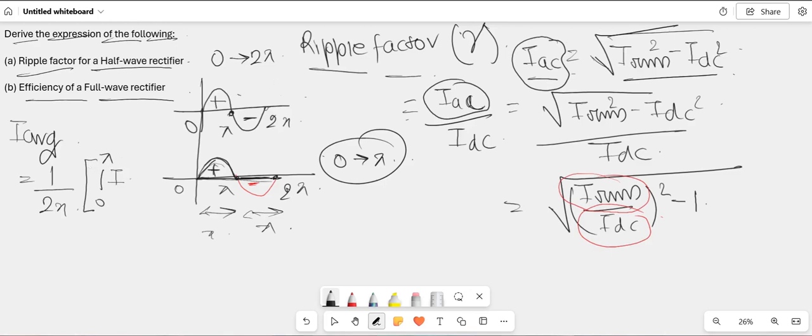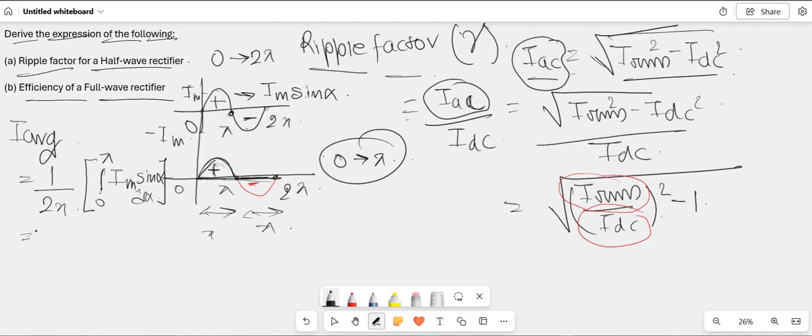I am representing this sinusoidal waveform as Im sine of alpha, where Im is the peak amplitude in the positive half cycle and minus Im is the peak amplitude in the negative half cycle. So we will perform the integration 1 by 2 pi, from 0 to pi, Im sine alpha d alpha.